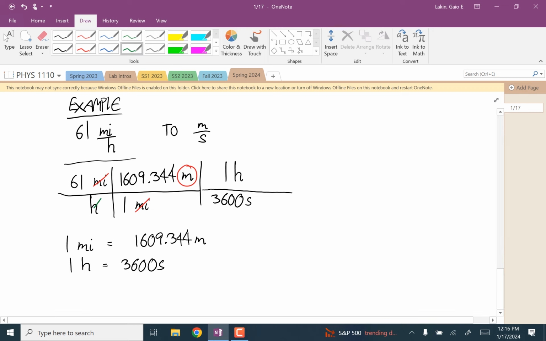And then you can see this hour cancels with this hour. The time units we have left are seconds. So now that the only units we have left are meters divided by seconds, we can just multiply out the numbers and we'll get what we're looking for. This comes out to be 27.26 meters per second.